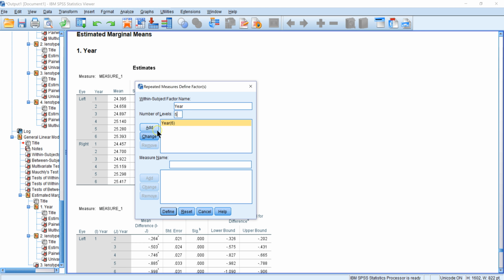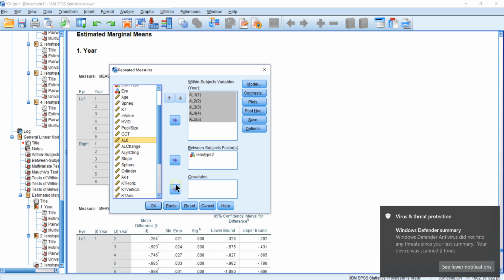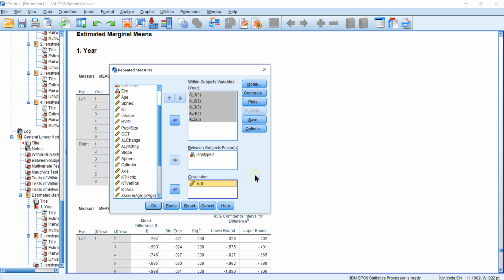So we're only going to have 5 values, so we'll have AL1 to AL5. And then we're going to put in AL0 as a covariate. So here we have lens type 2 as the between subjects factor. We're going to look at the first year change and see if there are any differences after we've adjusted for baseline.